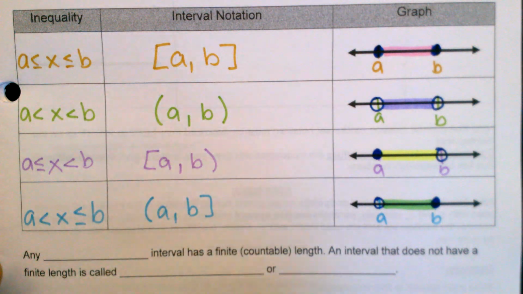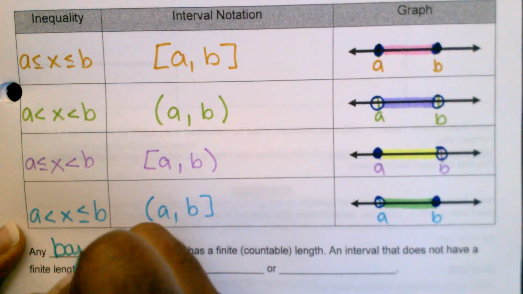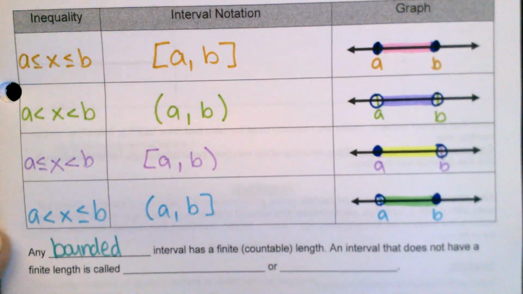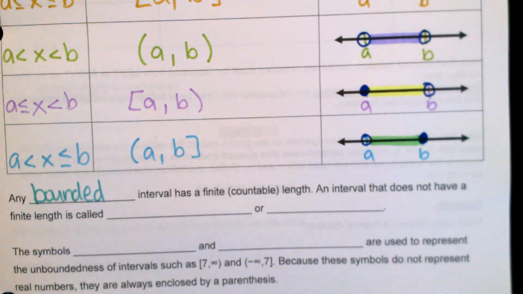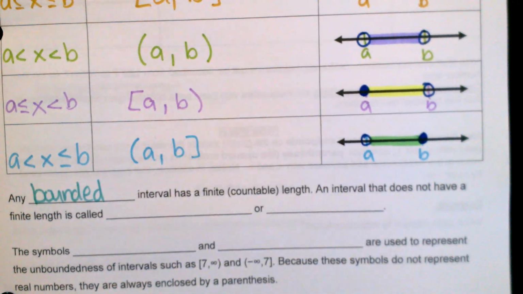So any bounded interval has a finite length, meaning we can count it. We can count each of those numbers in between those two endpoints. Okay?